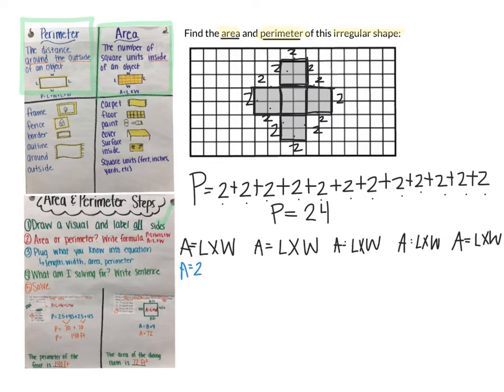My length is 2. My width is 2. 2 times 2 equals 4 square units. So my dimensions are the same for all 5 squares, so I'm plugging in the same numbers for all 5. Area equals 2 times 2 equals 4.